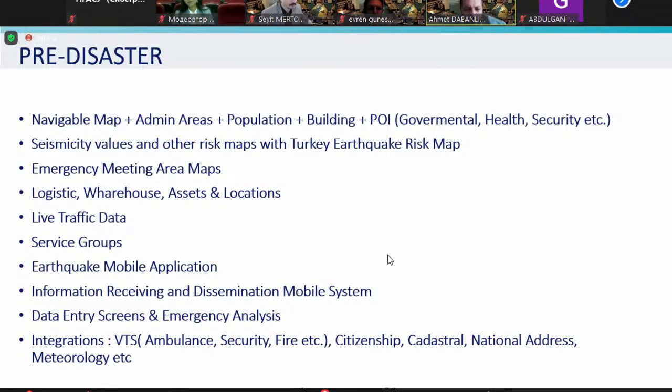There are many other modules, like the information receiving and dissemination mobile system. For example, in case of an avalanche, landslide, or flooding, there may be an alert system, and messages can be sent to all the people in that region.